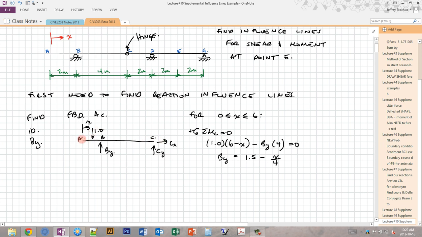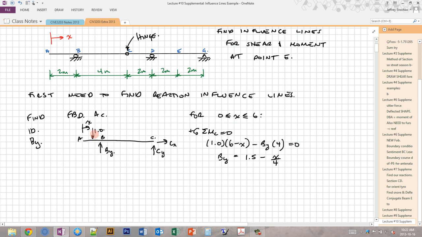So the point load is at a position x less than 6, so therefore it's included in the free body diagram. I do my sum of moments. 1.0 is the unit load. 6 minus x is the distance between C and the unit load. So C is 6 from the left. The unit load is x from the left, so it's 6 minus x between them, and then minus BY times 4, which is the distance between BY and CY, and we get 1.5 minus x over 4.